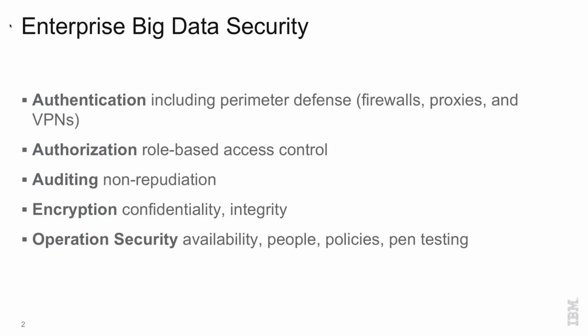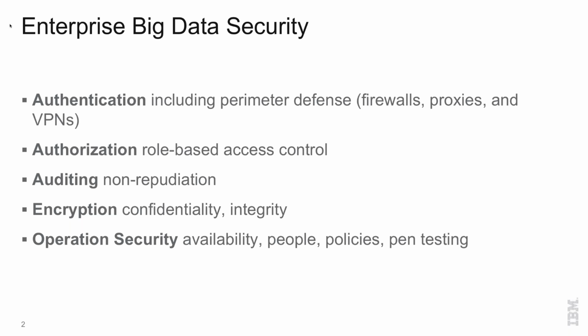The second one is authorization: after you authenticate, what can you do? This is particularly important for multi-tenancy in the enterprise data center or cluster, where you have multiple different users from different groups. What they can do, you have to have policies in place.